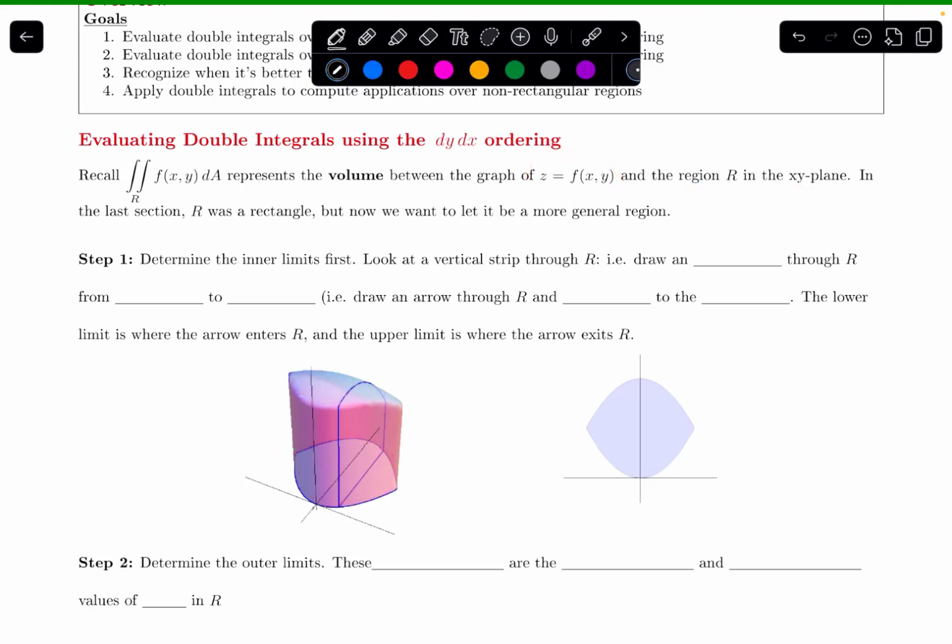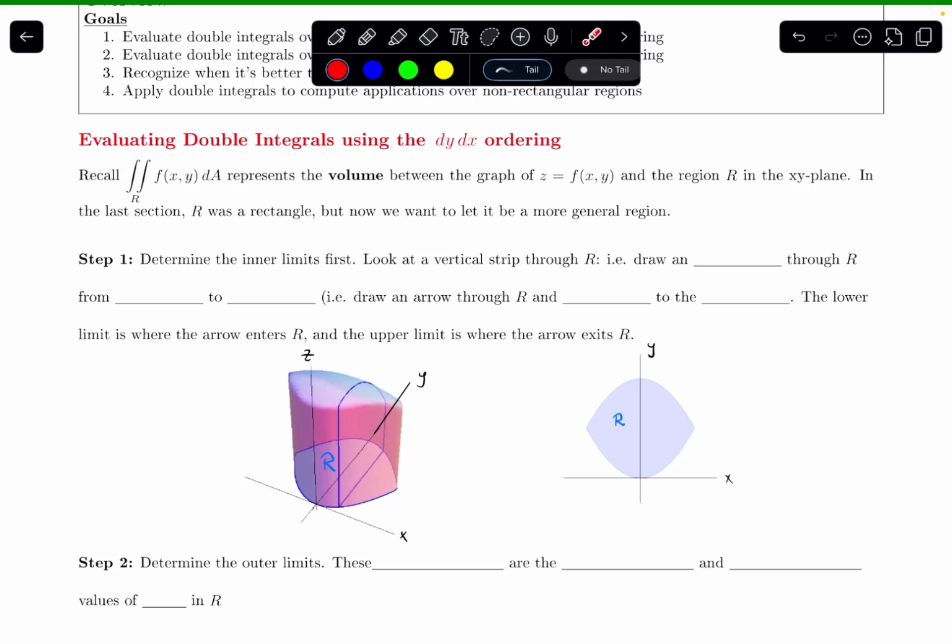So I'm going to label that base region as R. So in this picture, this is the x-axis. The y-axis kind of extends like this, and the z-axis is the one pointing up. And I've also drawn a separate sketch of just this base region R in the xy plane, because we'll need it in just a sec.